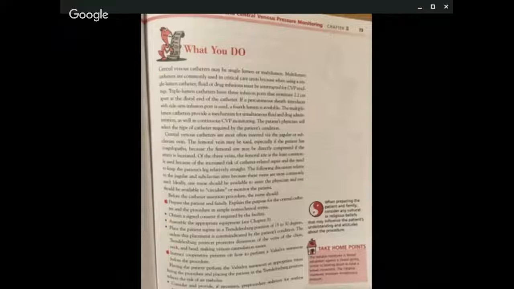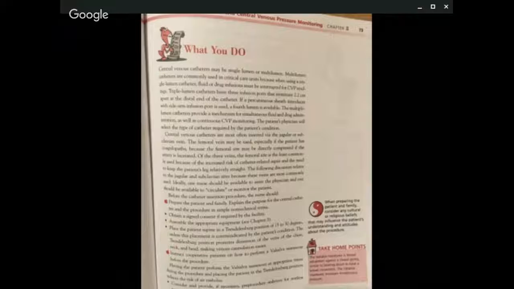Central venous catheters are most often inserted via the jugular and subclavian vein. The femoral vein may be used, especially if the patient has coagulopathy, because the femoral site may be directly compressed if the artery is lacerated. Of the 3 veins, the femoral site is the least commonly used because of the increased risk of catheter-related sepsis and the need to keep the leg relatively straight.